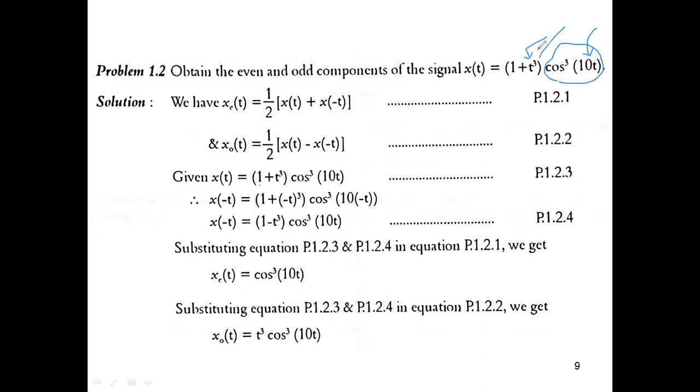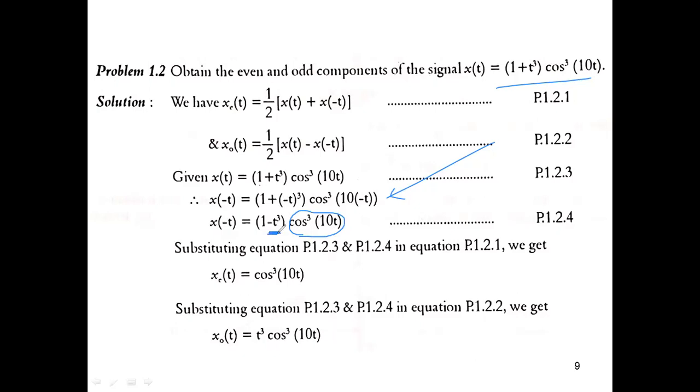Whereas this t cube can be odd. So this entire thing has an even and odd component. We have to substitute very carefully. Now x of minus t substitution will keep the cos cube of 10t as it is, because cos is an even signal. Whereas the t cube has become minus t cube.